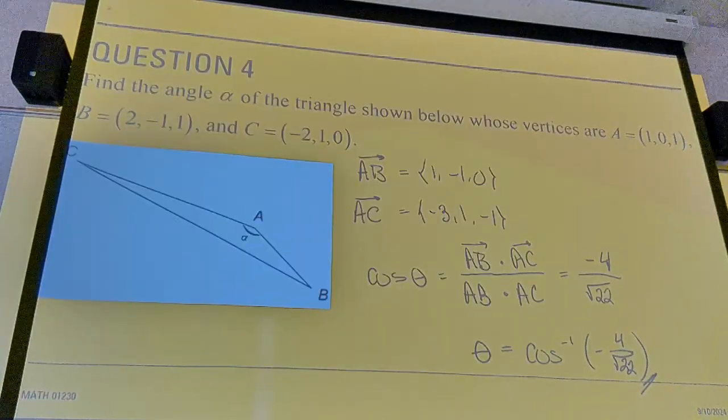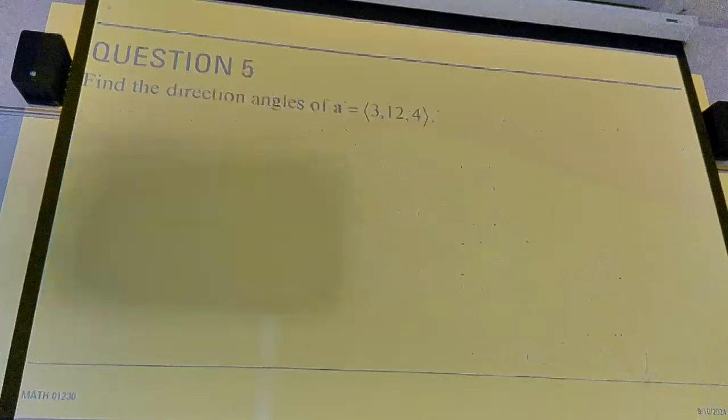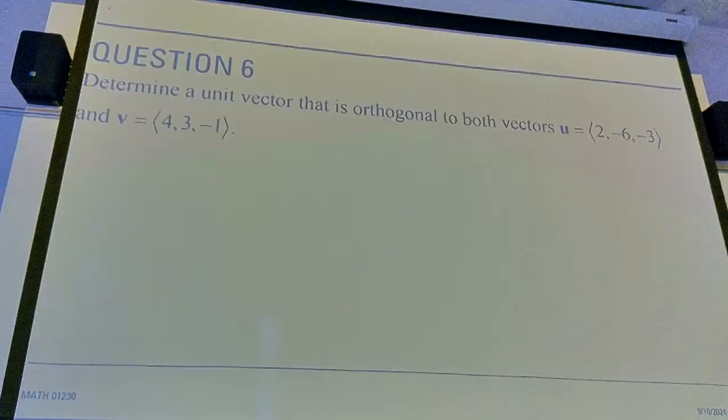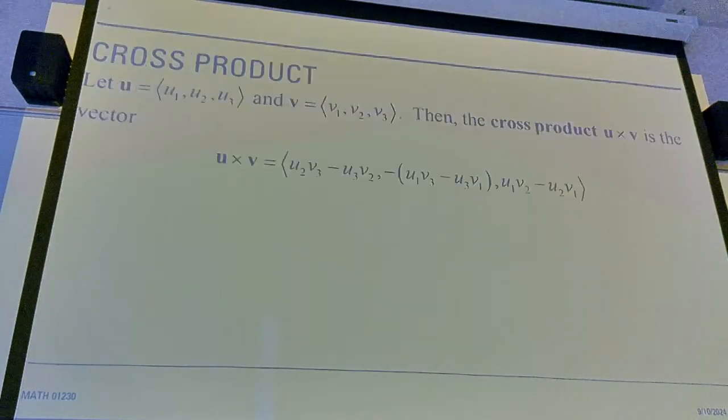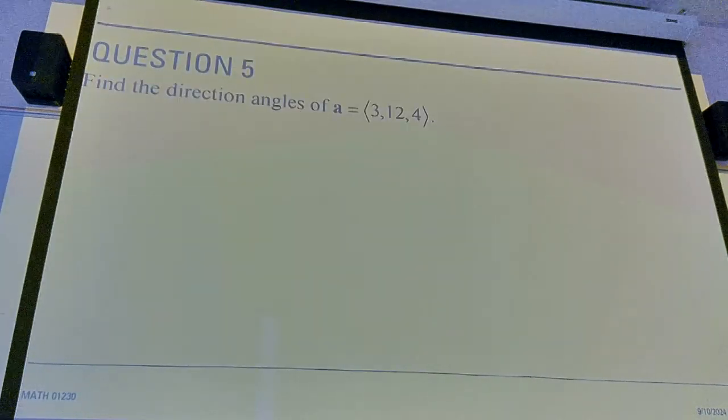Obtuse angles are larger than pi over 2. Oh well, that's fine. Find the direction angles.